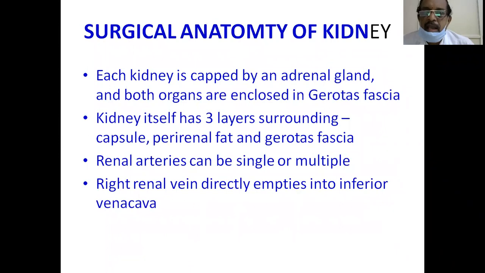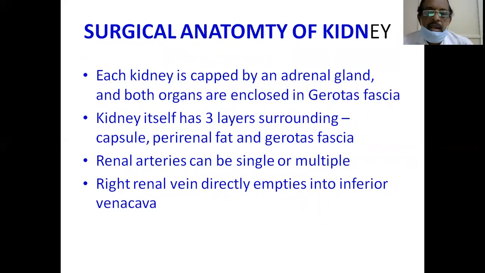Each kidney is capped by an adrenal gland, and both organs are enclosed in Gerota's fascia separately. As I said, the kidney itself has 3 layers: capsule, perirenal fat, and Gerota's fascia. This Gerota's fascia is very important because it protects the kidney and limits the bleeding from coming out.